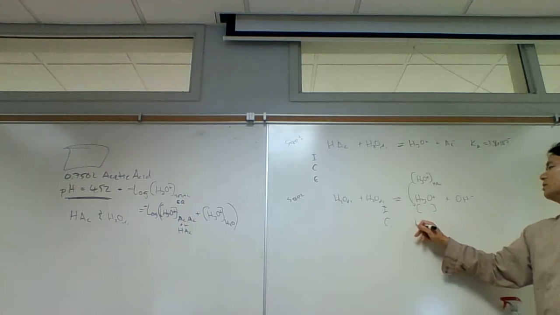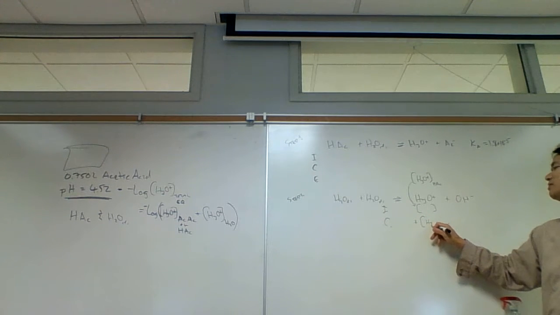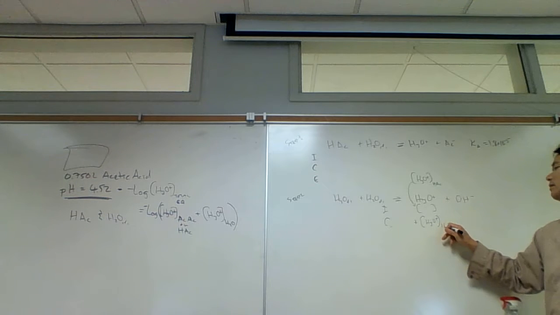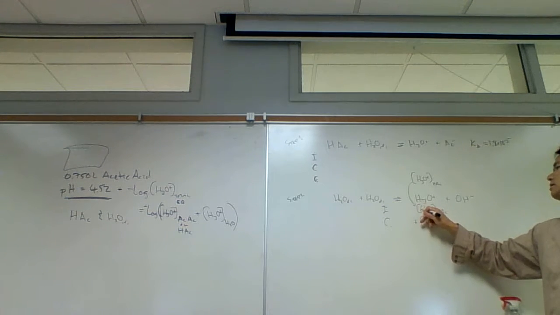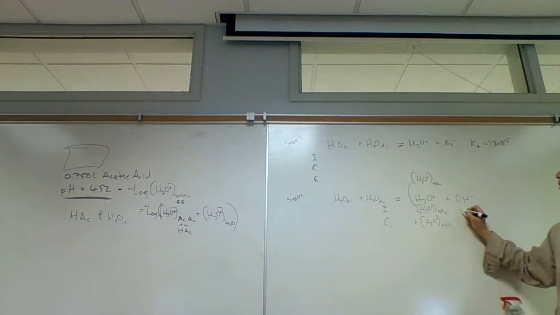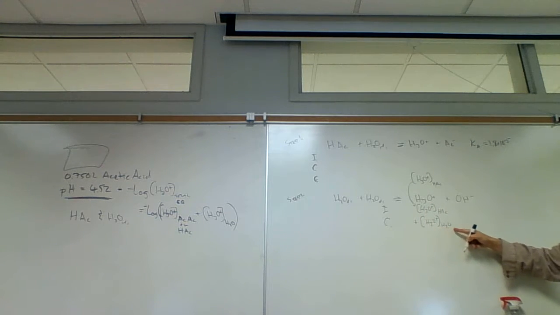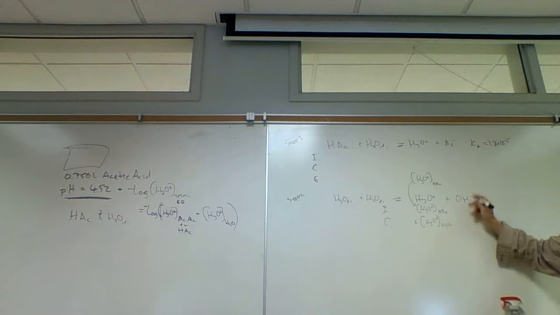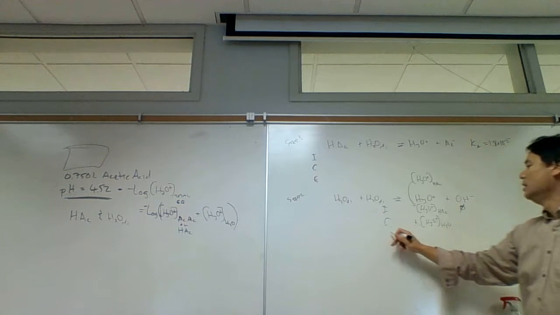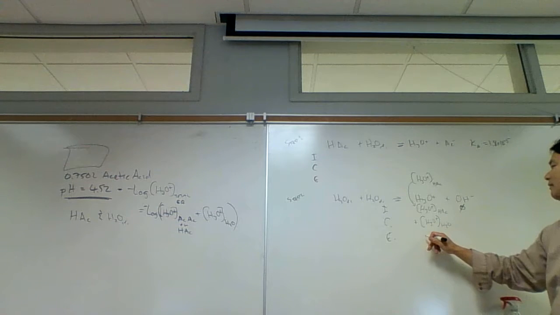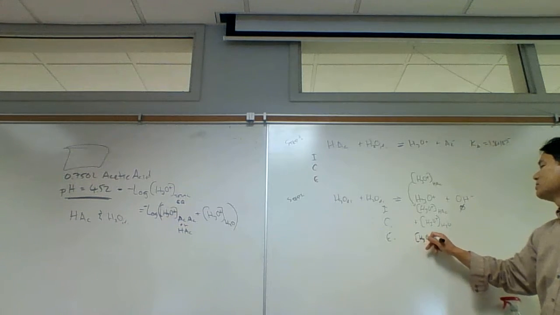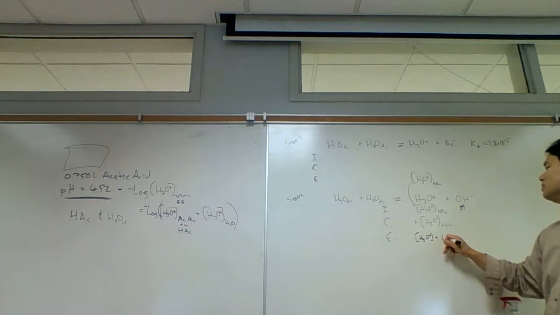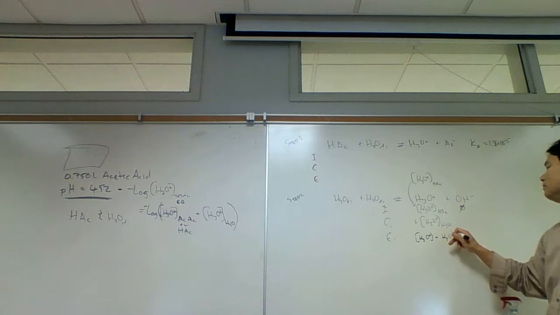The change is we're going to add some more hydronium from water, which we call x, just like the change up here would be called x. We start off with 0 here. At equilibrium, the total hydronium is the hydronium generated from step 1 plus the hydronium generated from step 2.